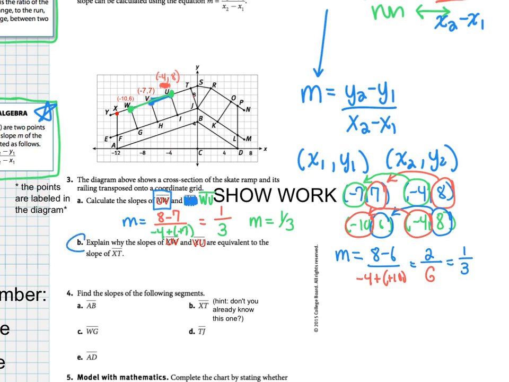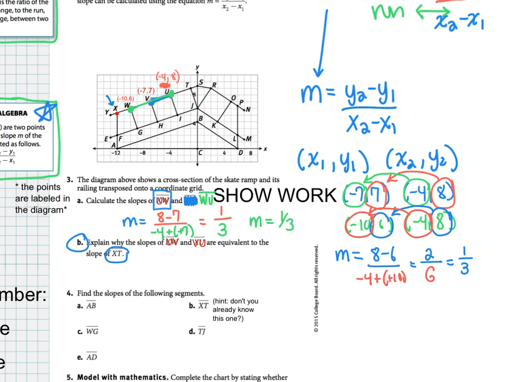So if we look at part B, it says explain how we can use this information to determine the slope of XT. Well, you'll notice that point X was not an easy intersection point to identify. The x value looks like it's around -12, but the y value is a little bit above 5. Kind of hard to tell what that y value is.